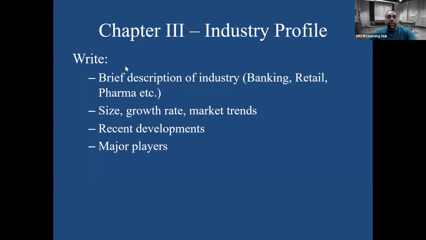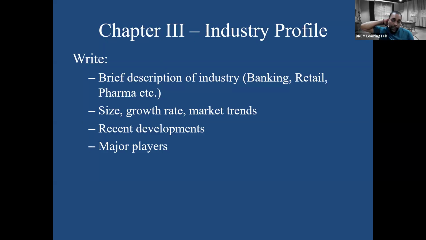If the pharma industry, bring a brief description about the pharma industry, what is happening, what is going on, either it is moving upward or downward or constant. Like that, briefly you have to say about that industry.